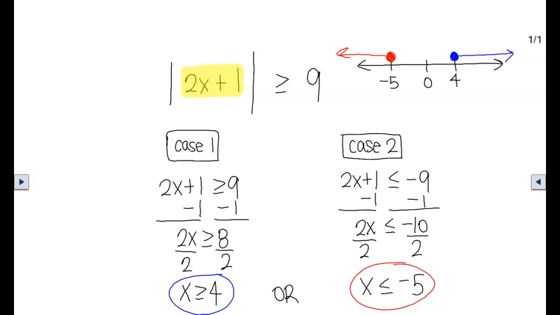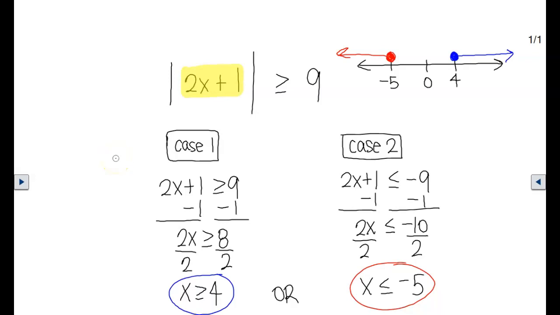So the solution for the absolute value of 2x plus 1 is greater than or equal to 9 is x is greater than or equal to 4, or x is less than or equal to a negative 5. So that would be my solution. So two cases. The first one as is, that's the positive case. The second case, we changed two things. We flipped the inequality sign and we made the number a negative.